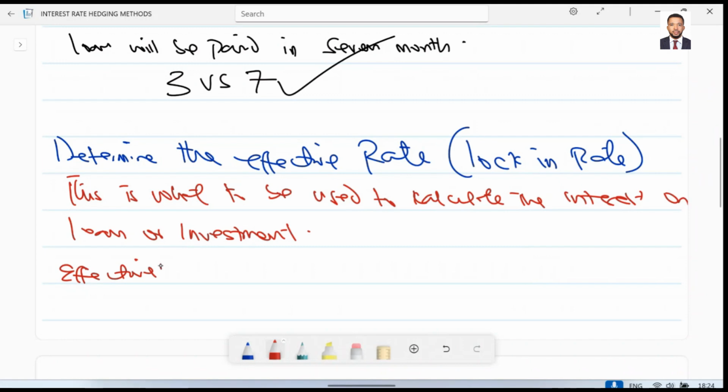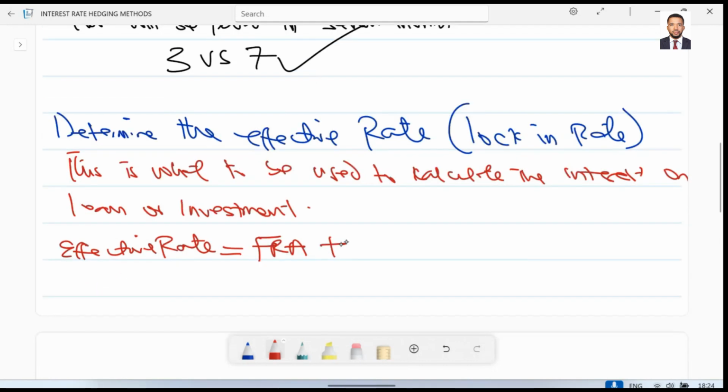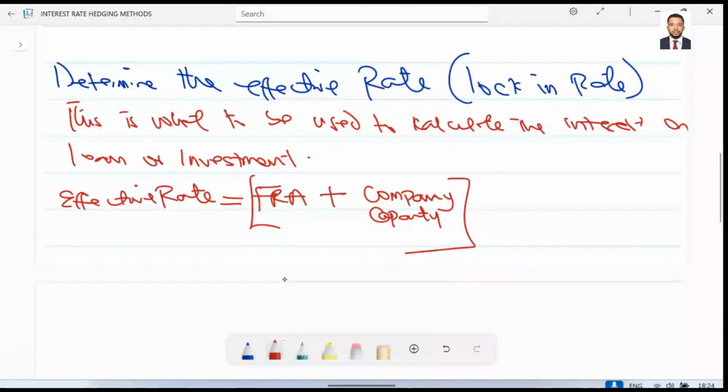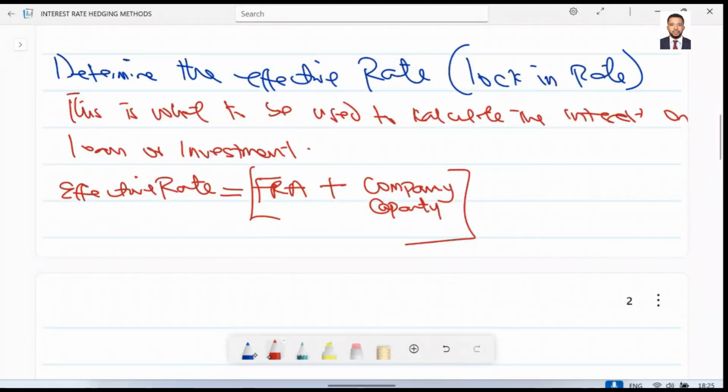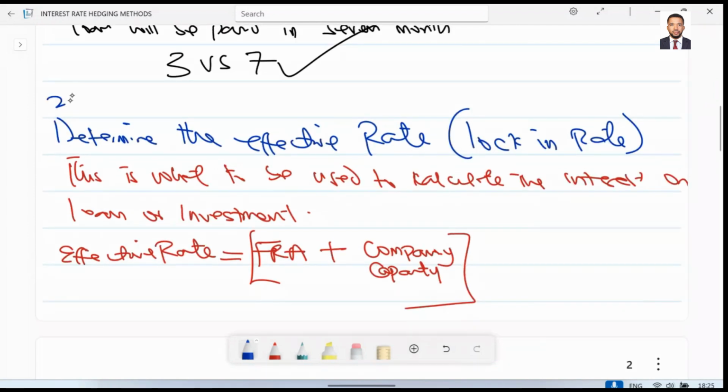Effective rate equals FRA plus company's borrowing capacity, or let me put company capacity. This is step 2.